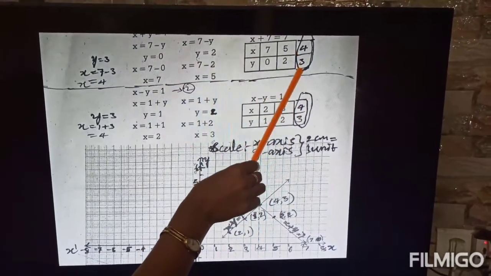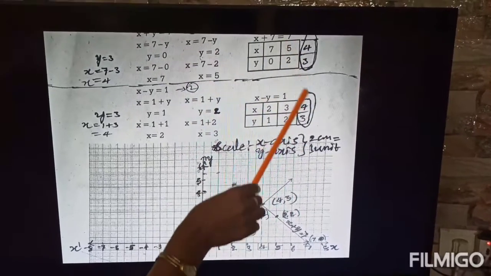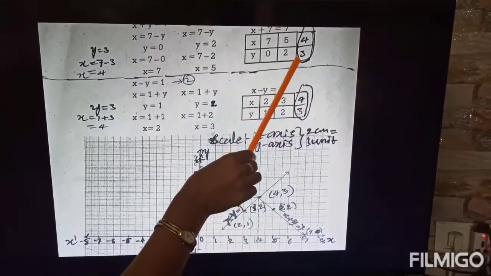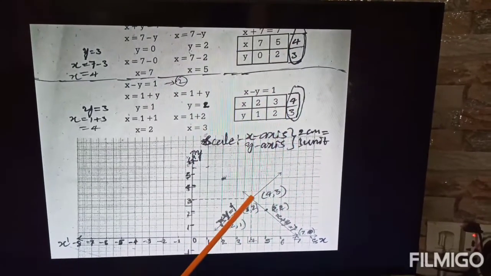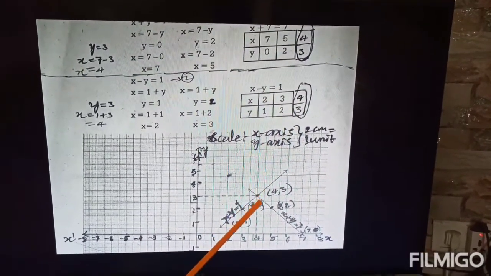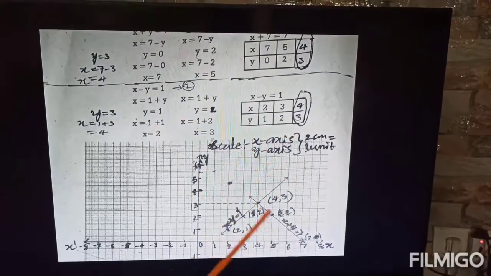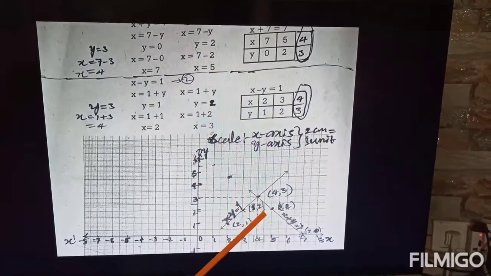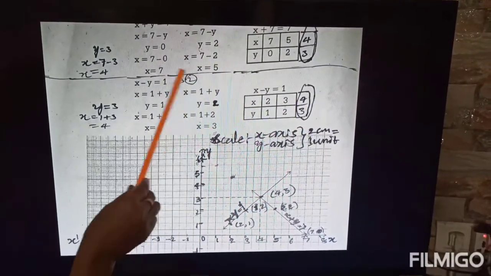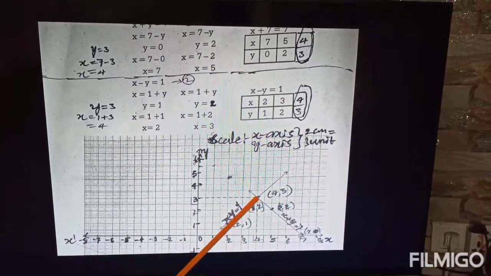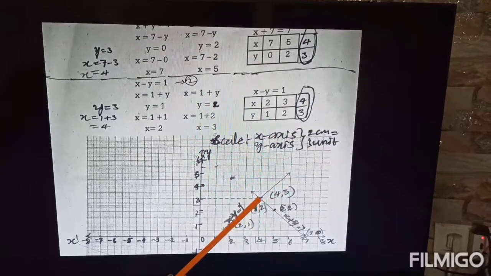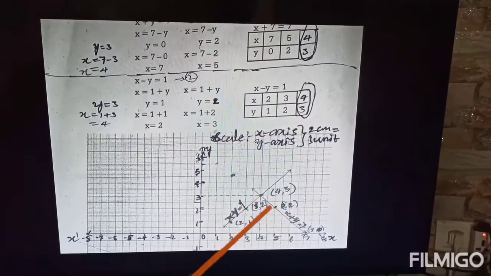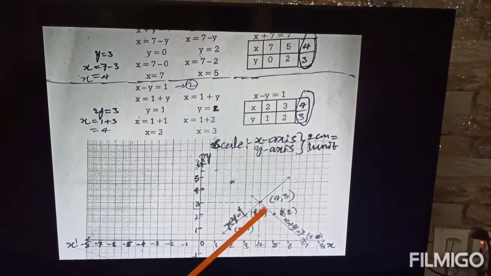Which points coordinates are common in both the tables? That will be the intersecting point of the two straight lines drawn by the two equations. Okay. See, this is the common point that intersects both straight lines at this point.